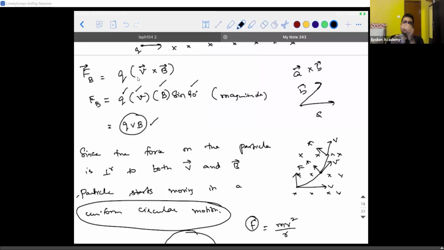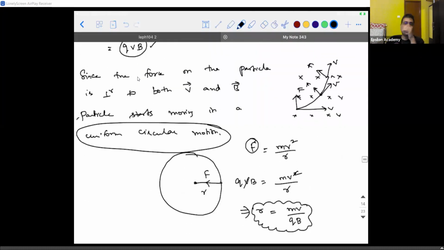Since you're doing the cross product between V vector and B vector, the force is always going to be perpendicular to both V vector and B vector. The particle is going to revolve in a circular path, or rather it is in uniform circular motion.